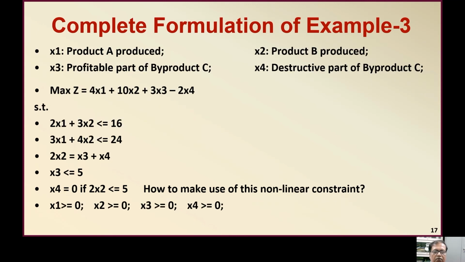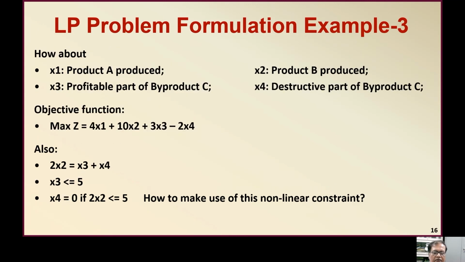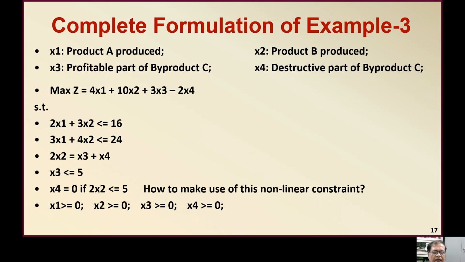Look here, the formulation, what we can make. So before, let me write down once again, this is the complete formulation that is written here. x1 is product A produced, x2 is product B produced, x3 is profitable part of C, x4 is destructive part of C. Objective function 4x1 plus 10x2 plus 3x3 minus 2x4, subject to 2x1 plus 3x2 less than equal to 16, 3x1 plus 4x2 less than equal to 24, 2x2 equal to x3 plus x4, x3 is less than equal to 5, x4 equal to 0 if 2x2 less than equal to 5.